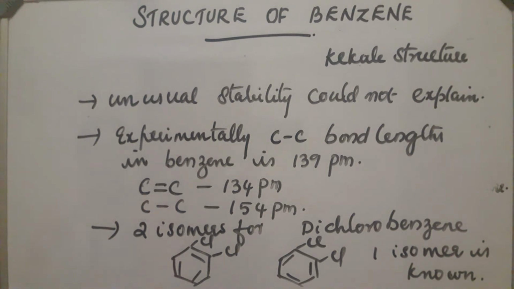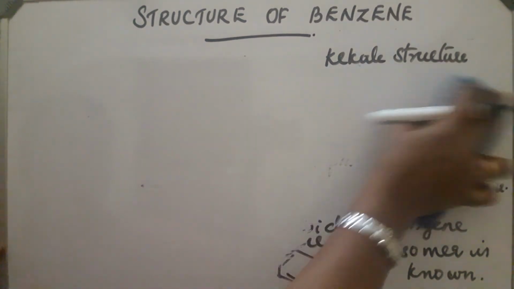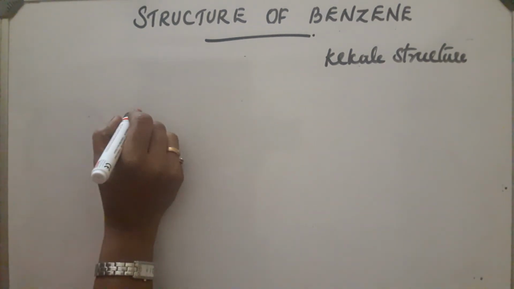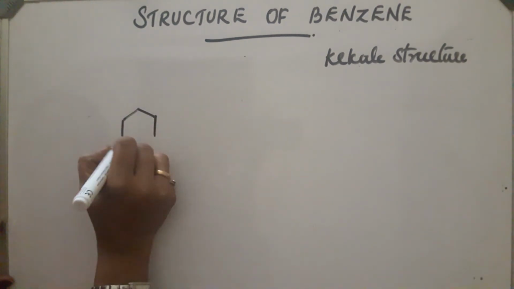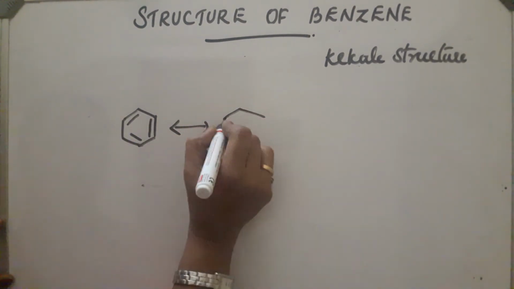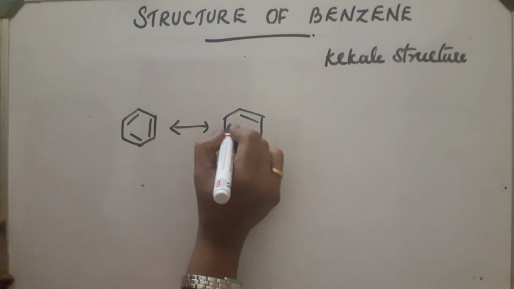So Kekule modified his structure and introduced two structures, and these are oscillating structures. These are the two oscillating structures of benzene.